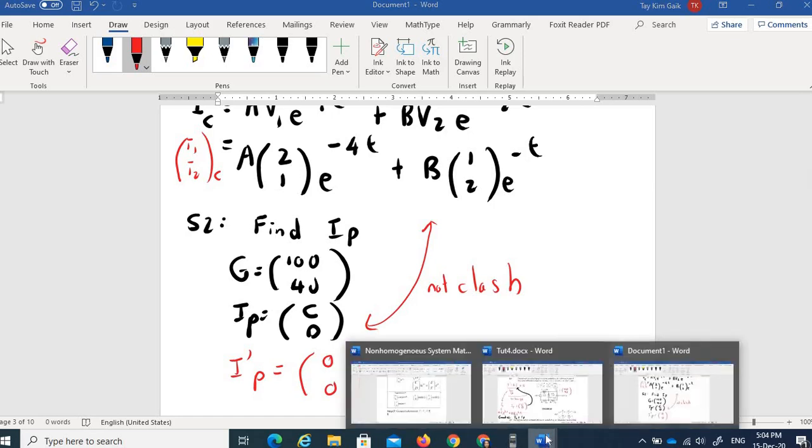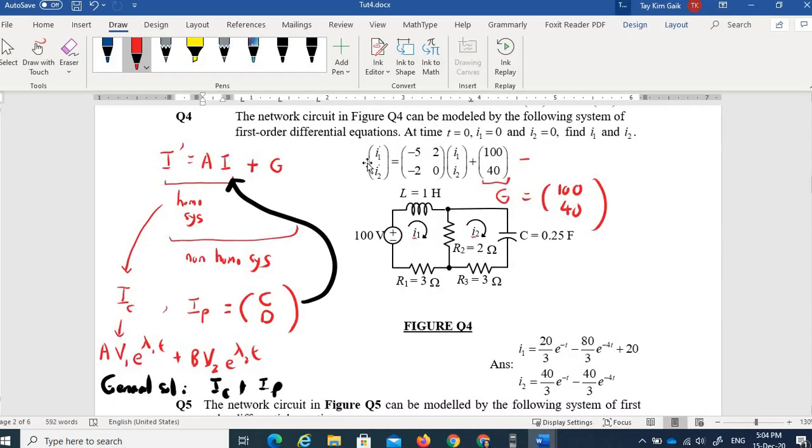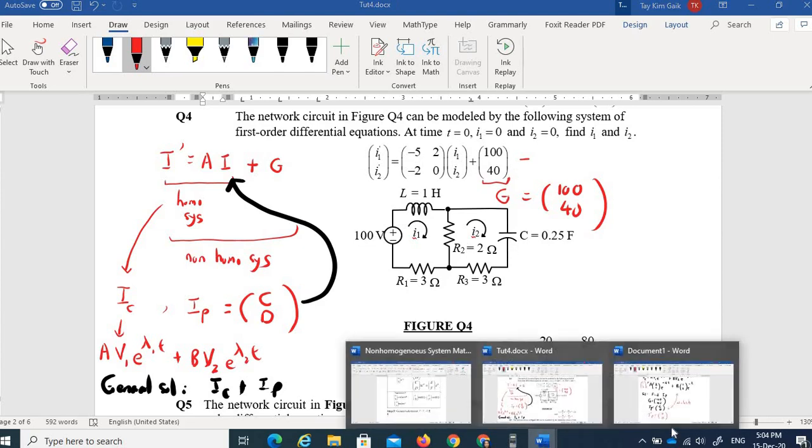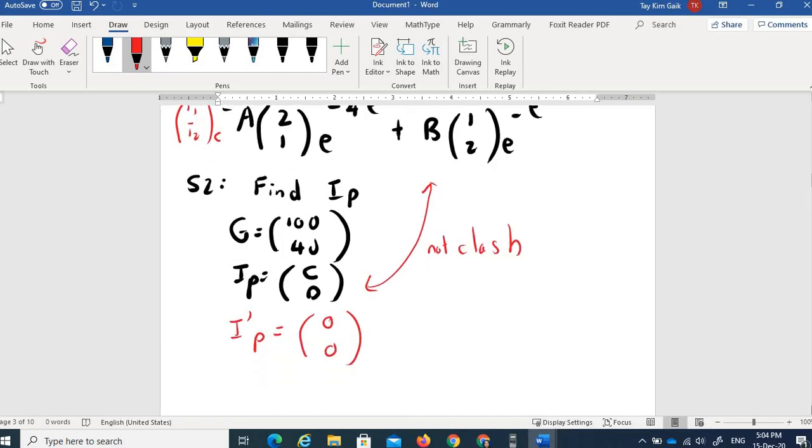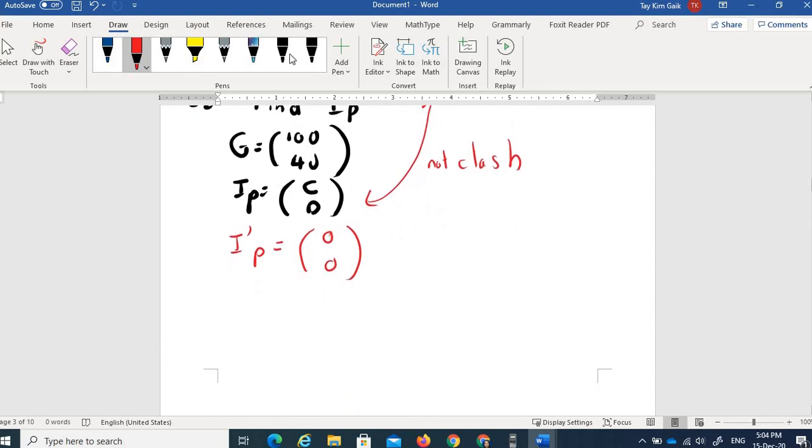Refer back to the question. This is a system. The left side is di1/dt, di2/dt, which we denote as capital I prime. Matrix A is (negative 5, 2; negative 2, 0). The vector I consists of elements I1, I2, plus G. So your system is I prime equal to AI plus G. Plug IP prime into your I prime.